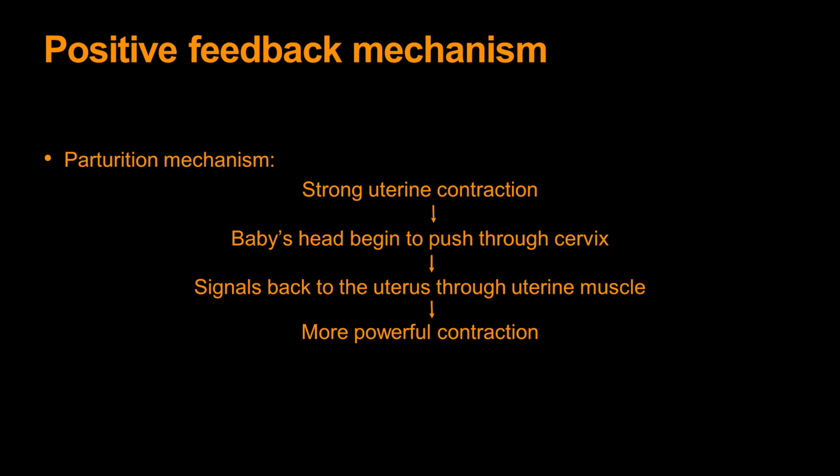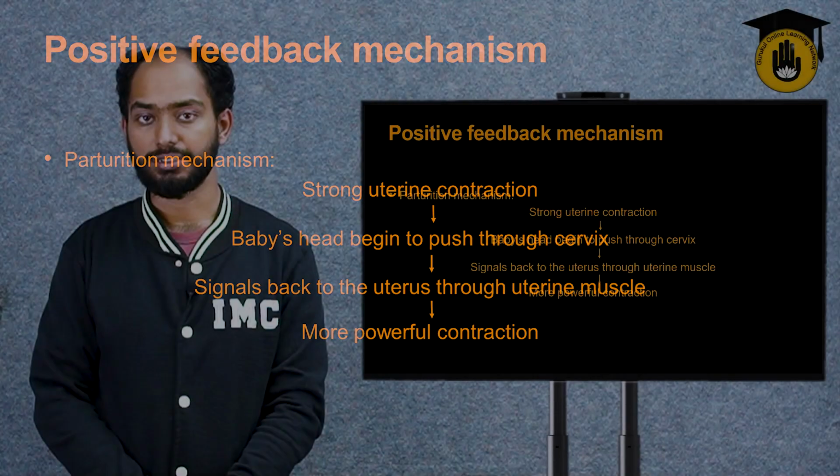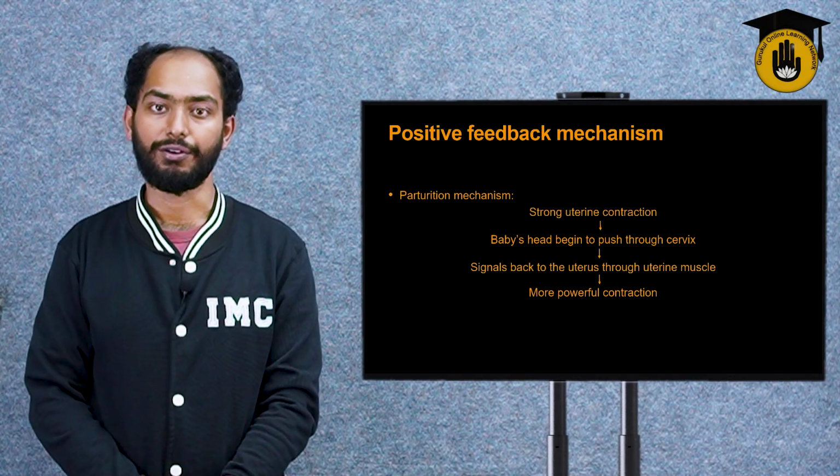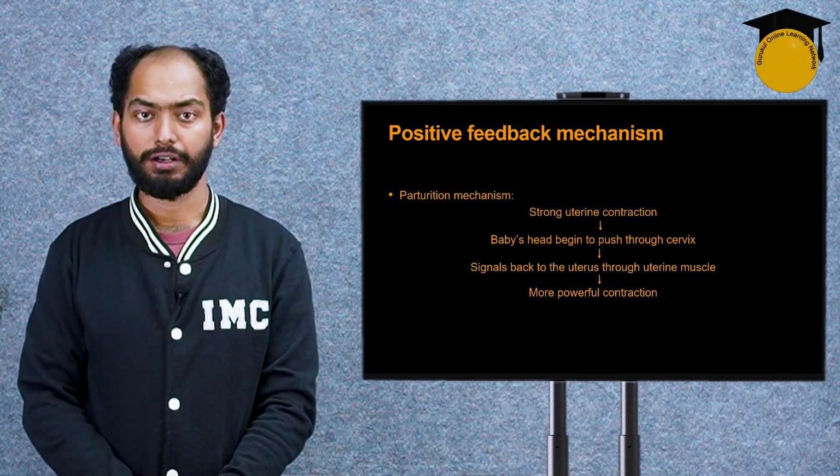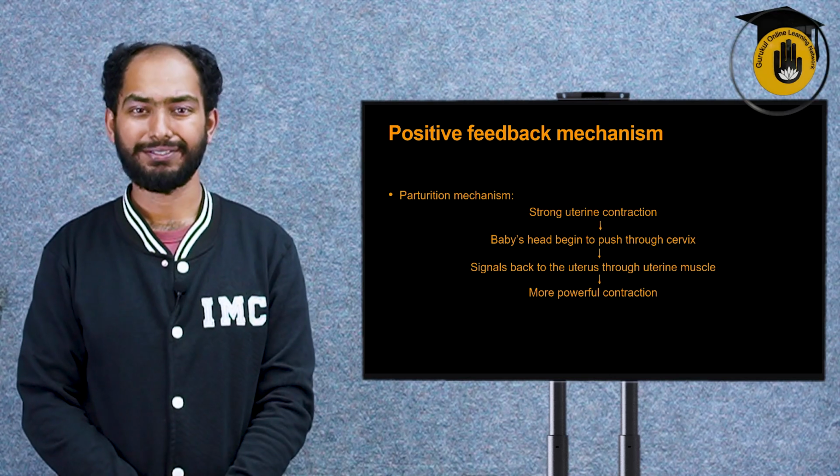When crowning occurs, or the baby's head is seen through the cervix, the positive feedback mechanism aggravates that more efficiently, and ultimately childbirth occurs, which is a very important role of our positive feedback mechanism.